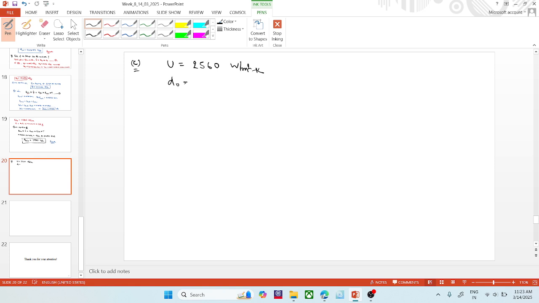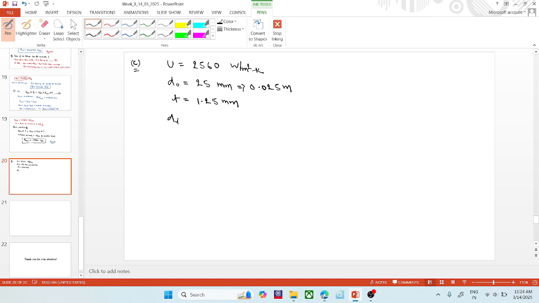The outer tube diameter is given as 25 mm, which would be 0.025 meter. The thickness of the tube is given as 1.25 mm.